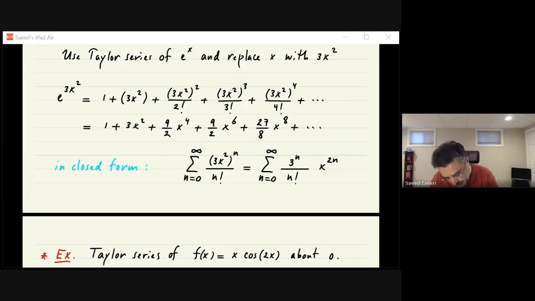So that would be another way of writing this power series in closed form.